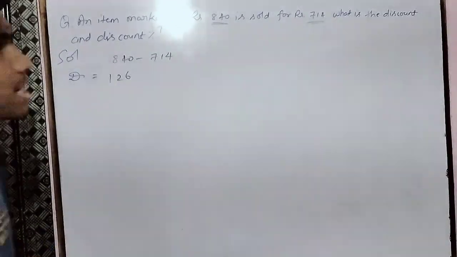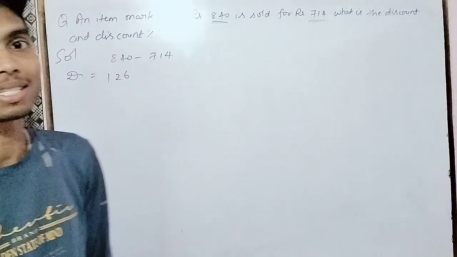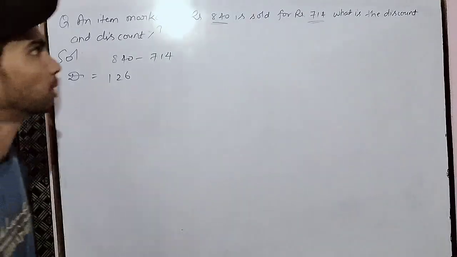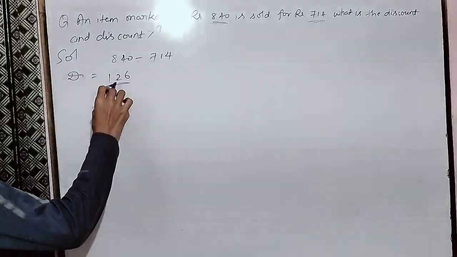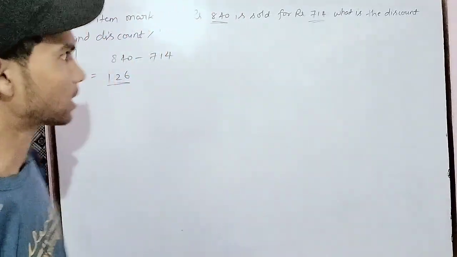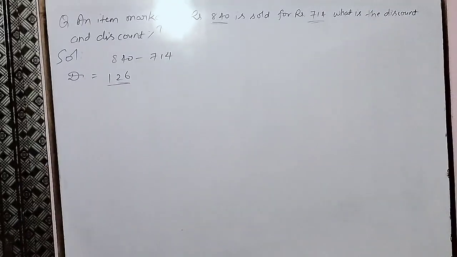Then the material was sold at 714 rupees. This is the discount, but this is in rupees. Now we need it in percentage.